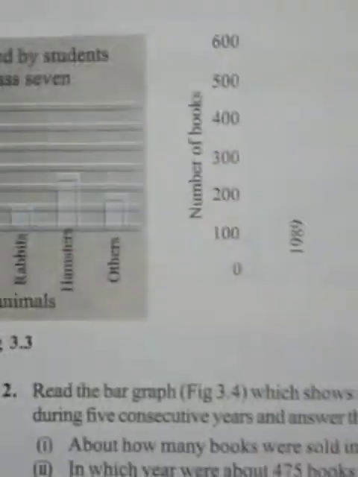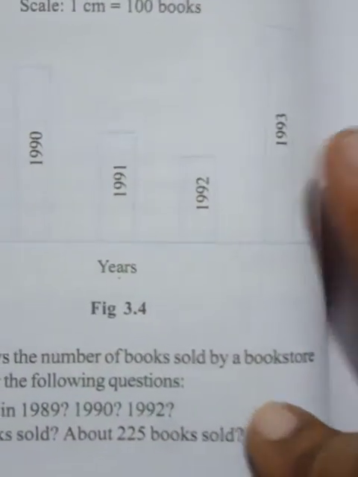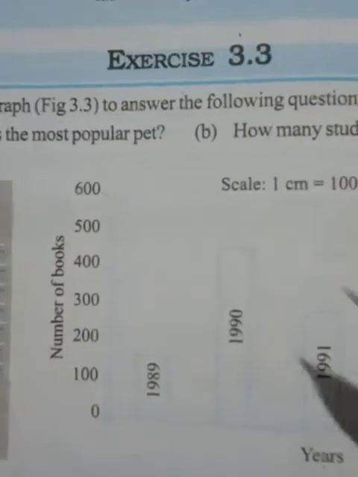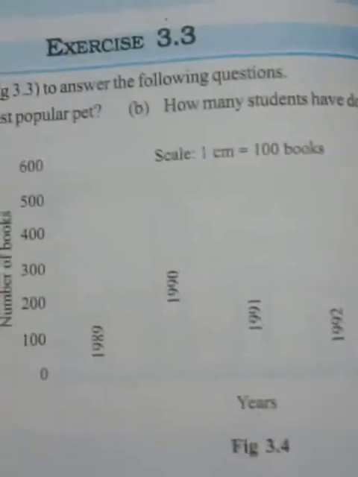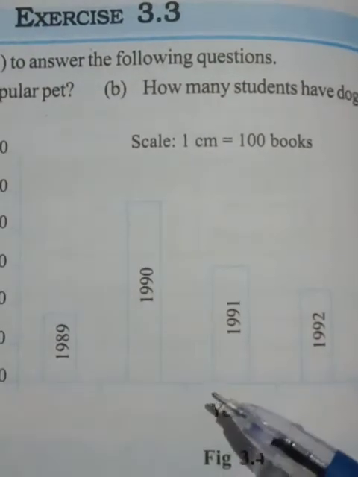Next, the second question, read the bar graph in the figure 3.4, which shows the number of books sold by a bookstore during 5 consecutive years, and answer the following questions. Here they have given the number of books that is sold by a bookseller, and then here the years.